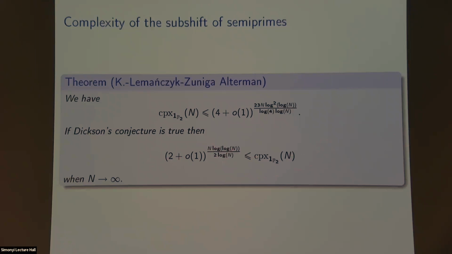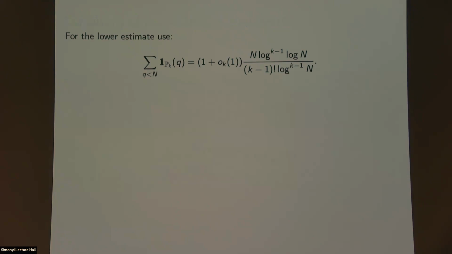About the proof of the lower estimate, I would like to tell you that it is based on something which, in my opinion, is classical. Frequency of p^k is okay. We are interested in p^2, so k is 2 for us at the moment.